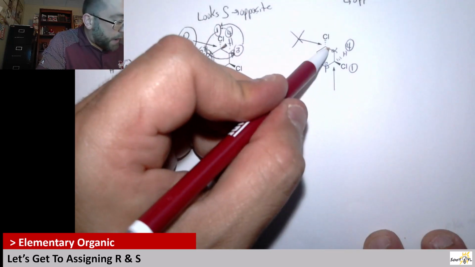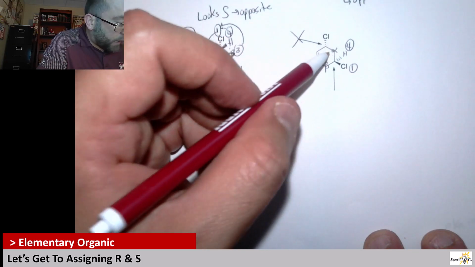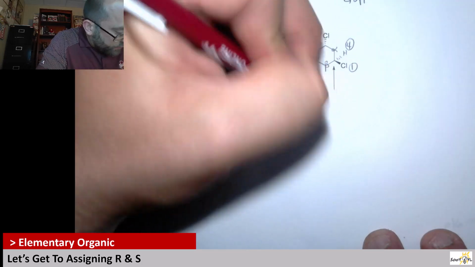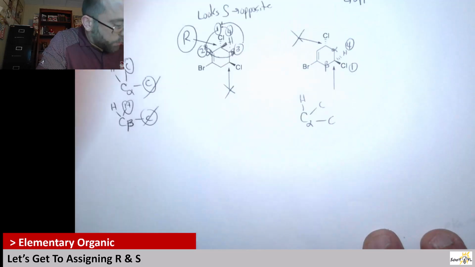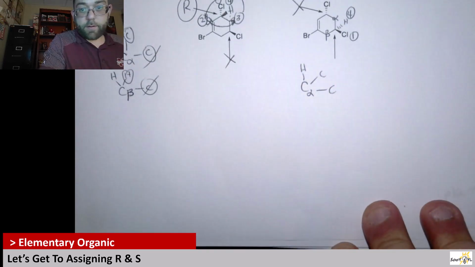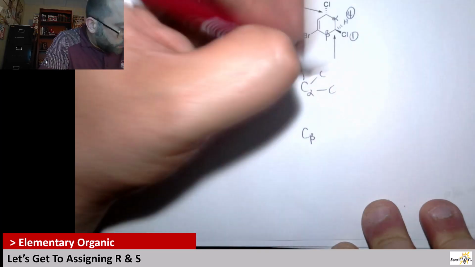If we look at carbon alpha, what does it have connected? It has a hydrogen and 2 carbons. And I'm going to do carbon beta way down here. Carbon beta has, no, it was 2 hydrogens and a carbon, sorry, for both.